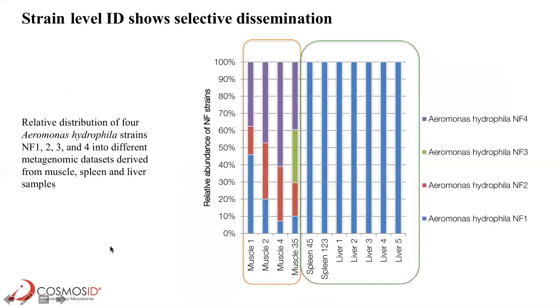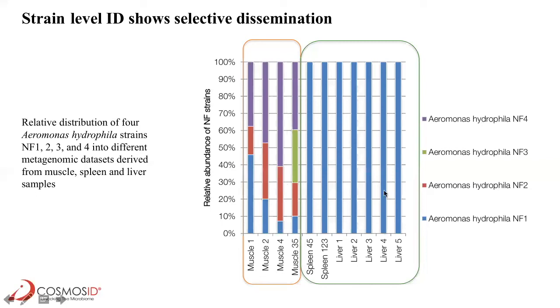In collaboration with Dr. Ashok Chopra at UTMB, we did a mouse model experiment in which all 4 strains were mixed together and injected into the muscle, and then we followed the dissemination of these strains into the peripheral organs. Because we can identify and differentially detect closely related strains, we created the database with all these 4 strains. To our surprise, in the muscle we were able to recover all of the strains.